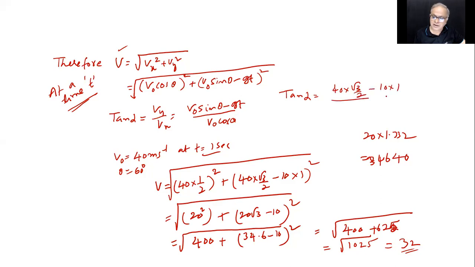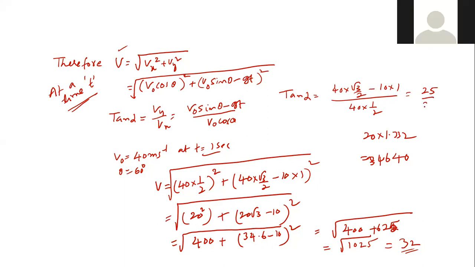V0 cos theta, 40 into this, we got 34.6, we wrote it as 25 nearly, isn't it? By 20. How much is this? 5 by 4. Okay, so you can look into tables, you'll get the angle.